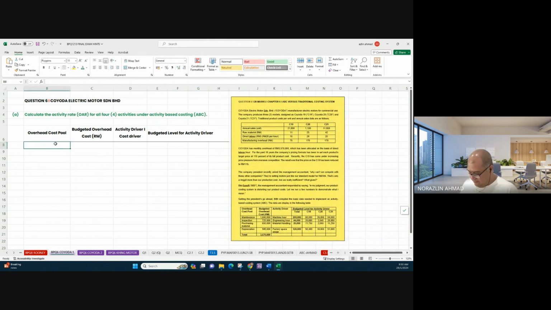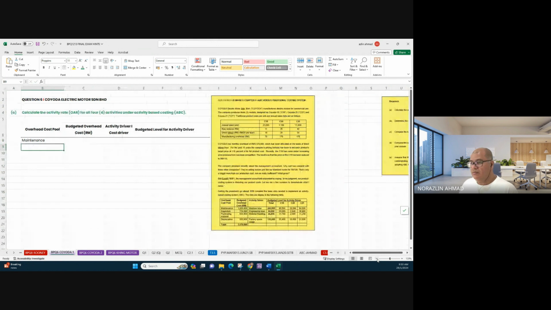This one is maintenance. Maintenance overhead cost pool.